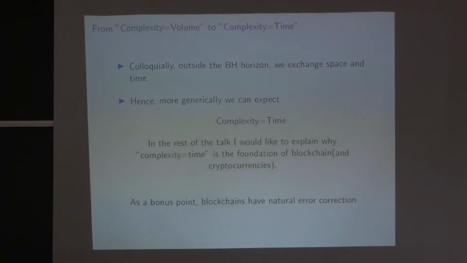More generally, even without any black hole interior, we can speculate that complexity is equal to time in some sense. I wish I had a more physical example to illustrate this correspondence, but what I would like to explain is that this slogan, complexity is equal to time, is the foundation of modern blockchain protocols and cryptocurrencies.